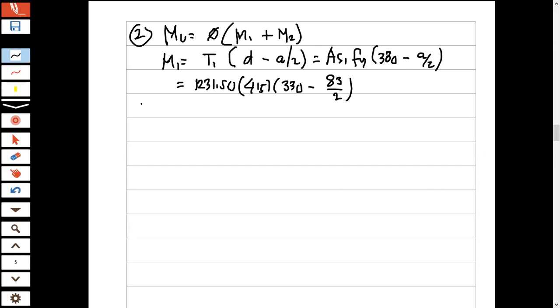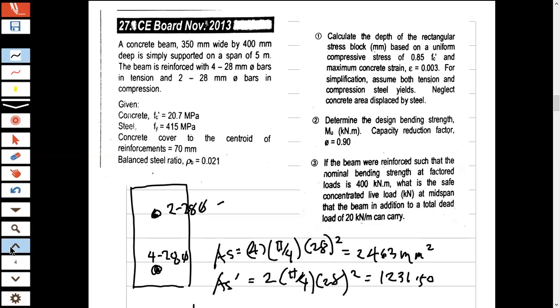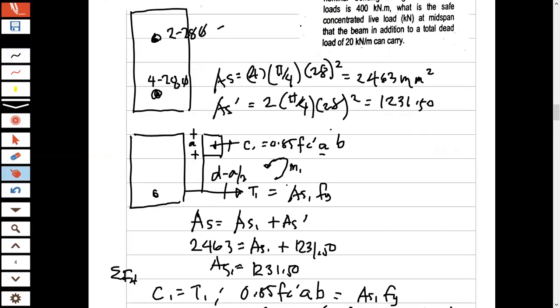So in other words, you can compute M1 equals 147.45 times 10 to the power of 6 Newton millimeter. Okay. Now, how about M2?